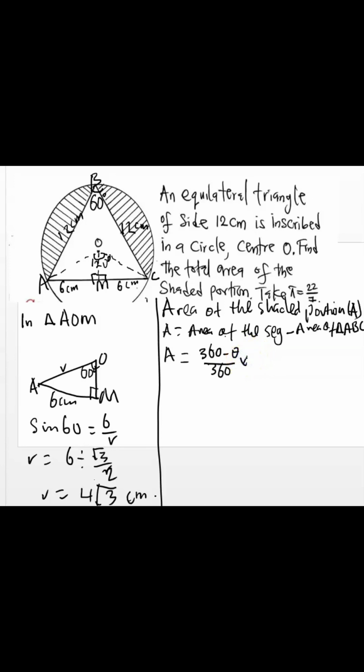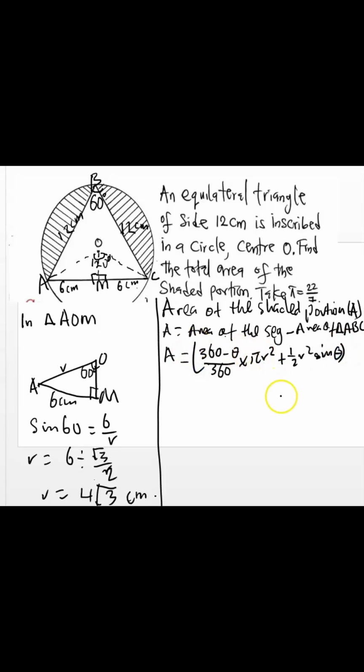Multiply this by pi r squared, plus a half r squared, that is this side we are adding this small triangle, a half r squared sine of that angle. At this point we call it sine theta.